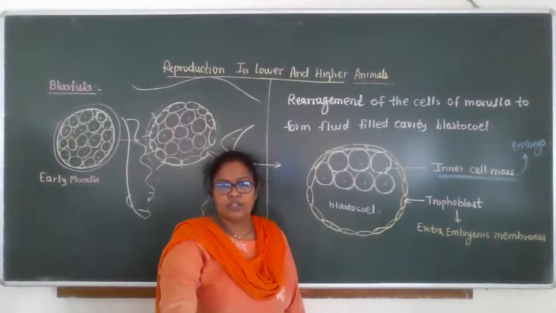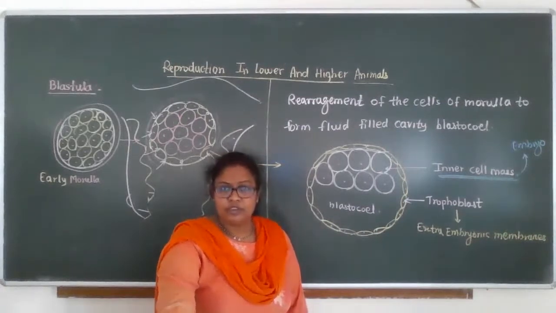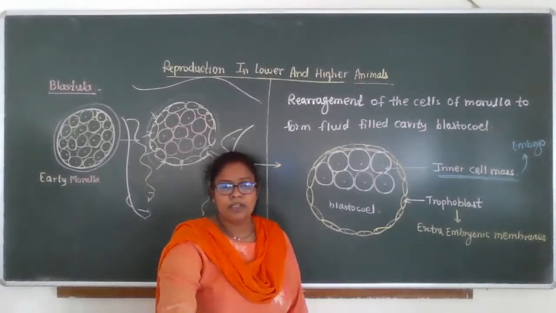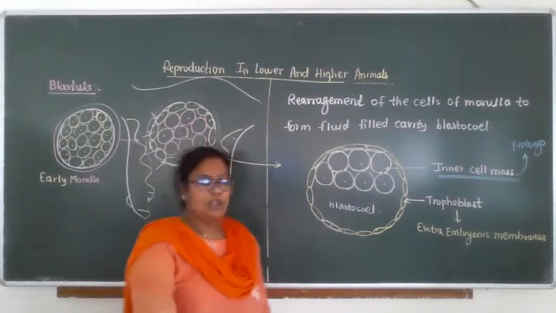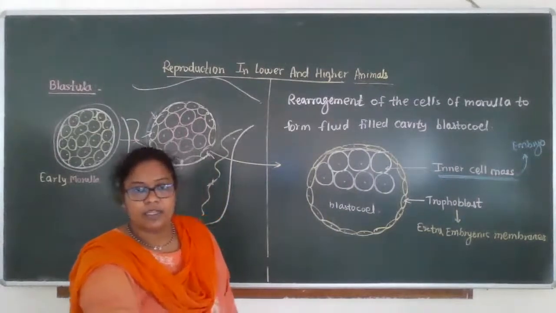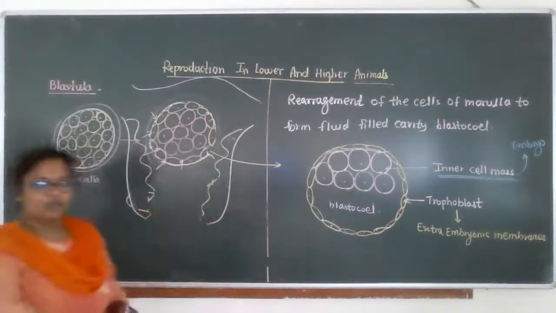Blastula formation takes place within 7 days, and a further 7 to 10 days is required for implantation. Now we are turning towards the next point of this topic, implantation. So here we complete the blastula.